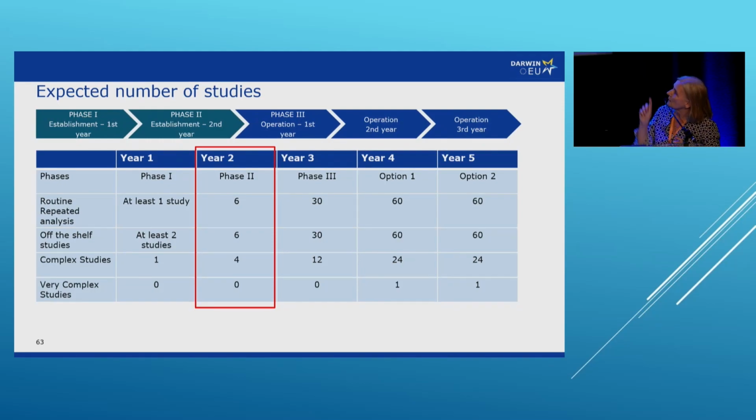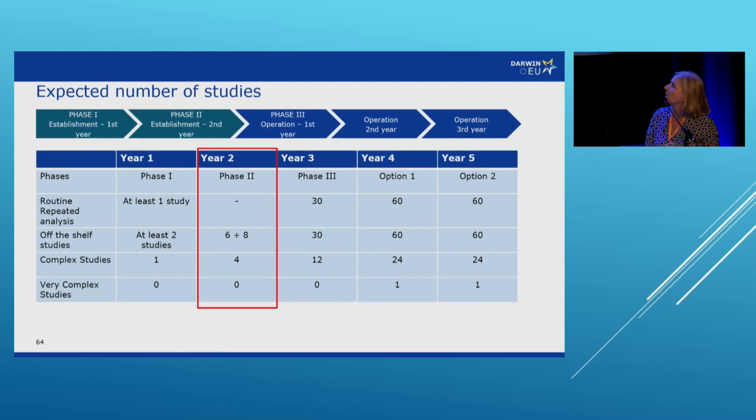In year 2, this is the planning, so 6 routine repeated, 6 off-the-shelf studies, and 4 complex studies. And you see that from next year on, the number of planned studies increases a lot. If you look at the planning for this year, because we are still in the setup phase, doing routine repeated analysis showed to be a little bit more difficult.